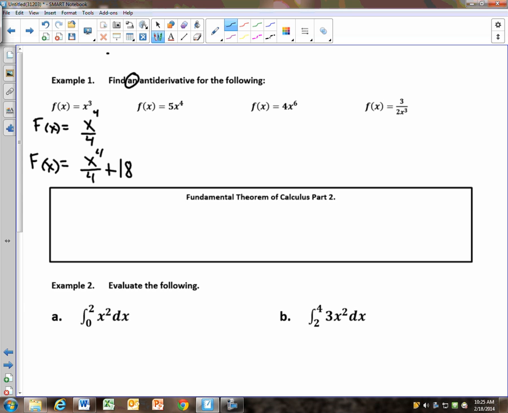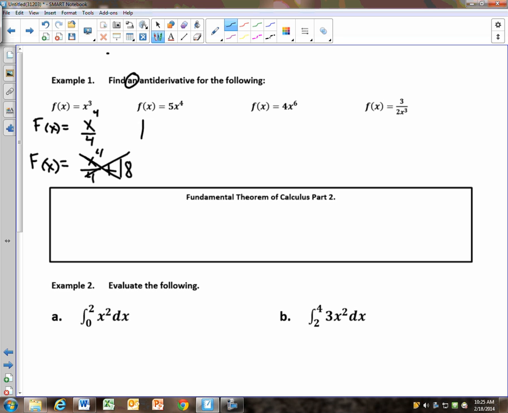If you take the derivative of that, the constant goes away, right? You still end up with x to the third. So there's an infinite number of antiderivatives for each function. However, this is the simplest one, so to speak.